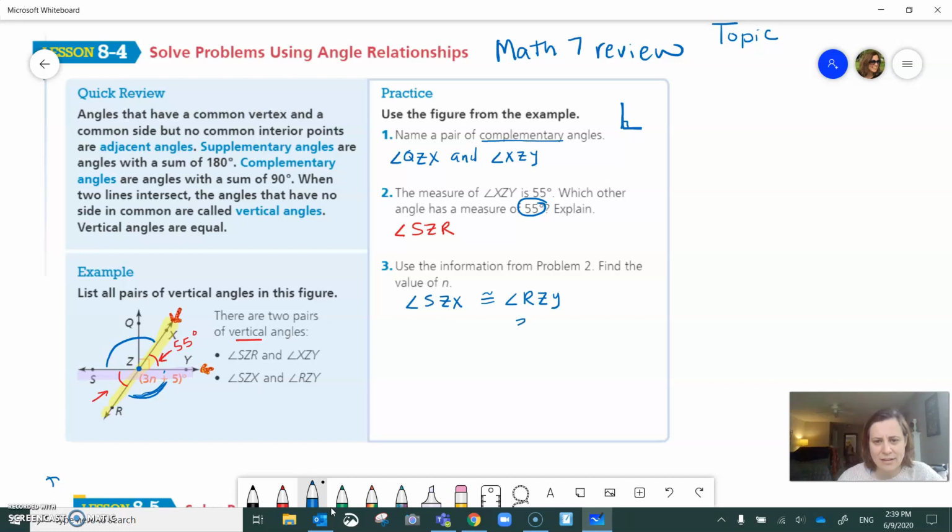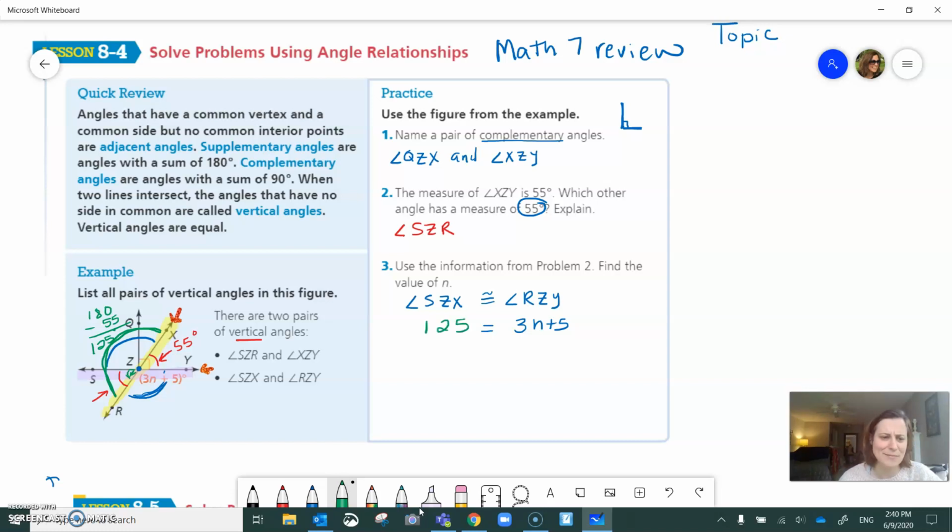RZY is actually the 3n plus 5. And SZX, we're not really sure what it is, but this is what I can tell you. If you take this angle and this angle and put them together, you get 180. And we know that this part of it was 55, which means that this blue section of it is 125 degrees, I believe.